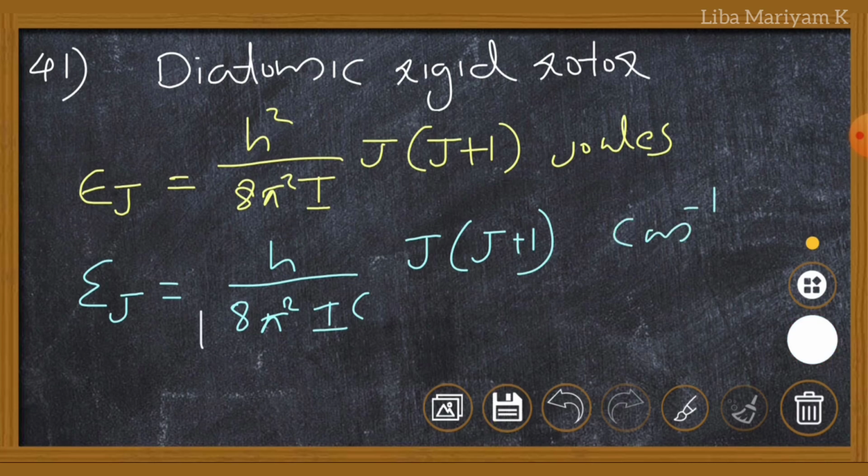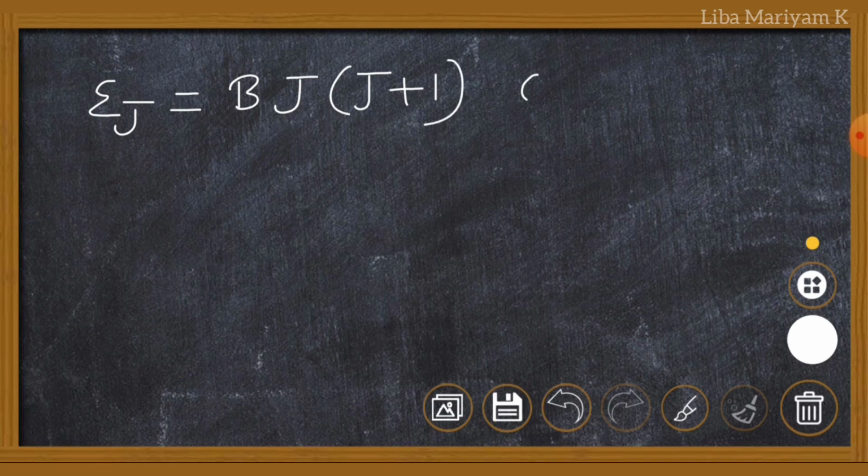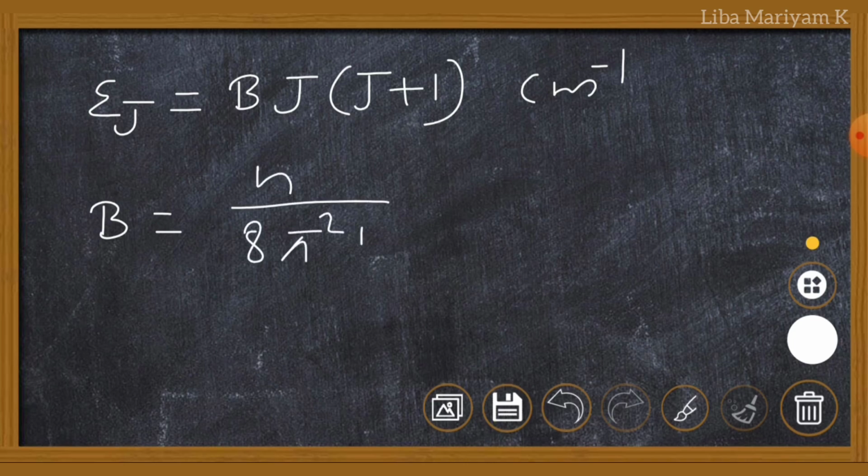Here this is called rotational constant B. So we can write energy in terms of wave number epsilon j equal to Bj into j plus 1 centimeter inverse, where B is equal to h by 8 pi square I into C. So this is the answer. Option is C.